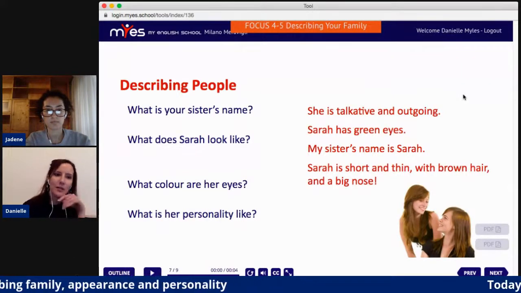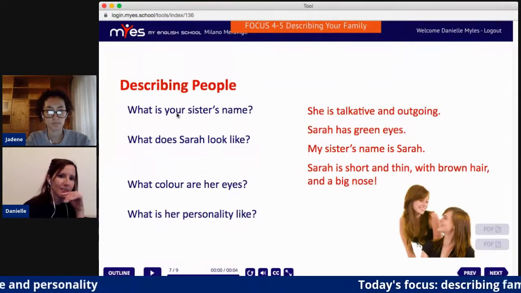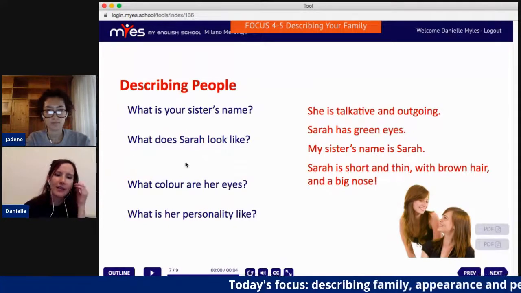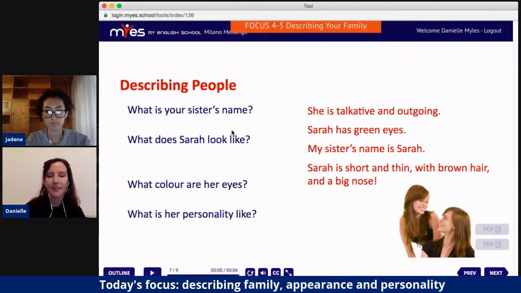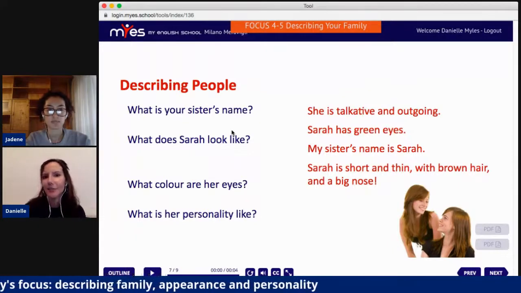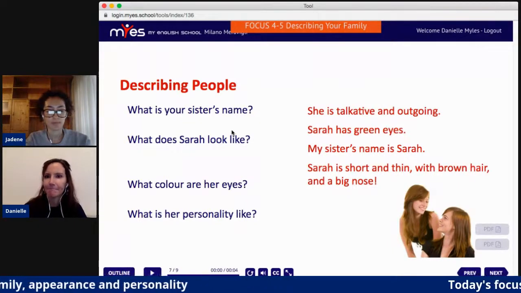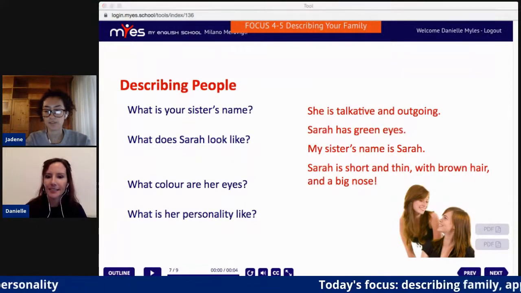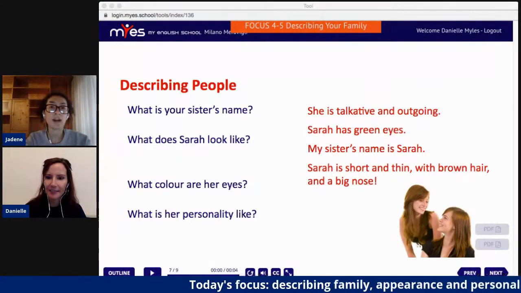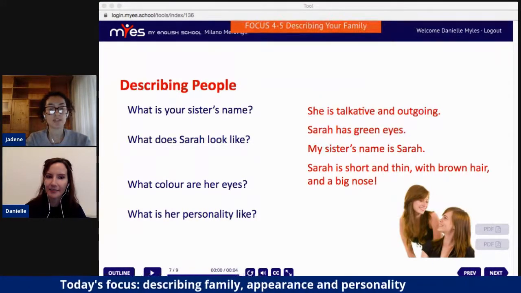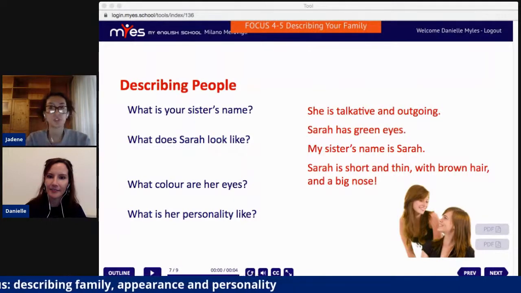Let's look at some of these words. So, what does this mean? What does Sarah look like? Now, this word like, what does it mean here? Usually if you like something, it means that you feel good towards it.